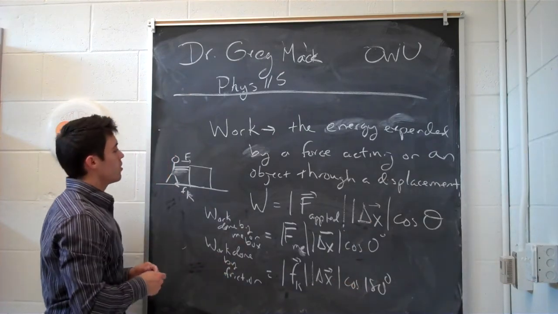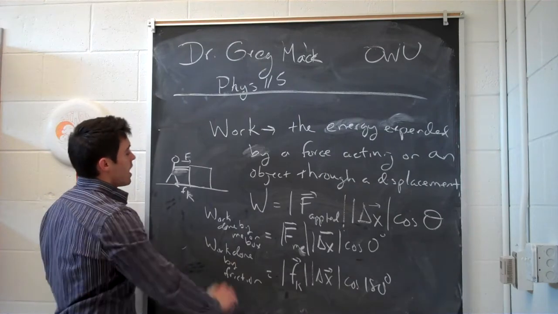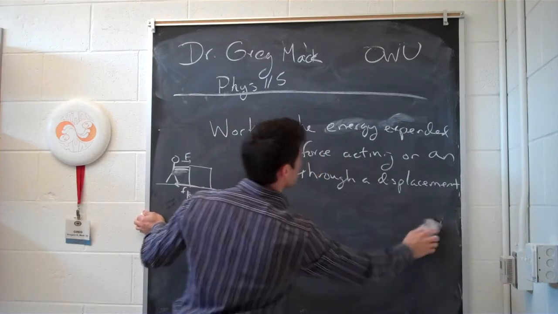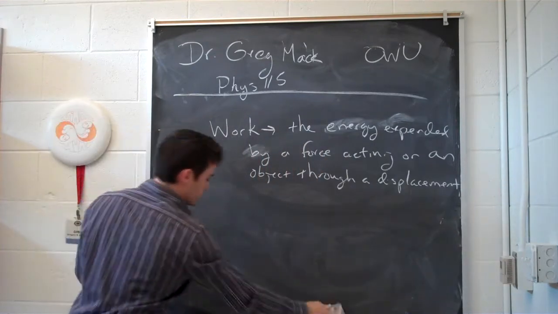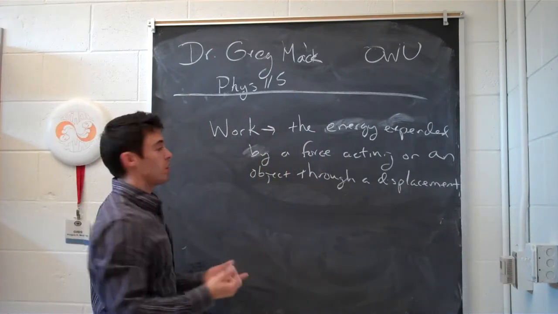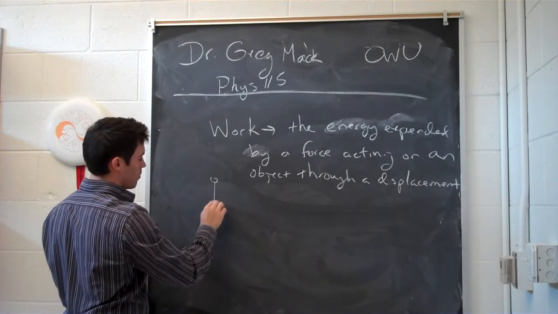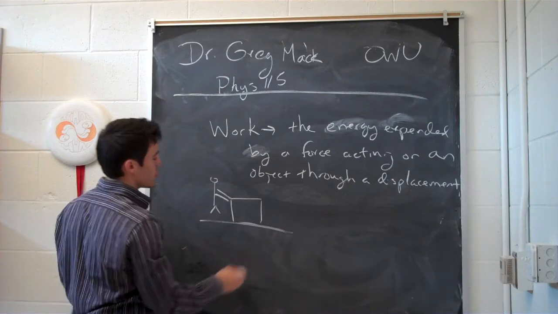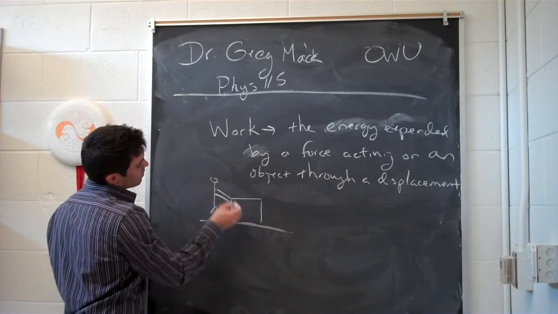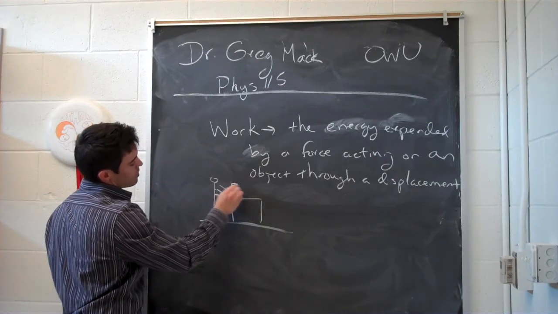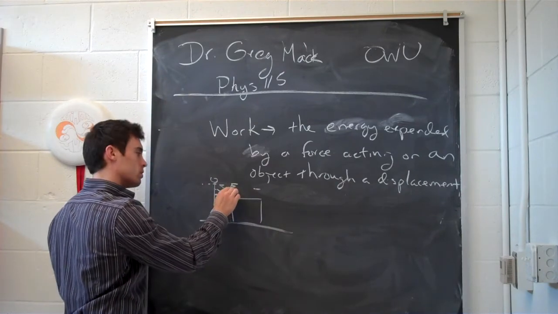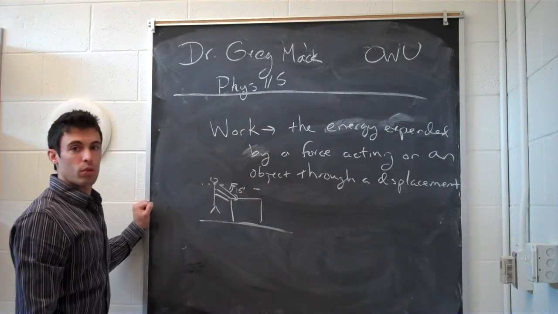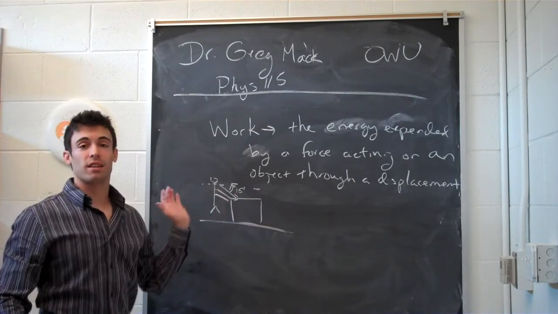So if I am instead pushing at an angle on this box, like say I'm pushing down on the box as I push it, and this is the force, and I'm making an angle of, say, 15 degrees right here, and it's moving in the delta x, not the delta y.